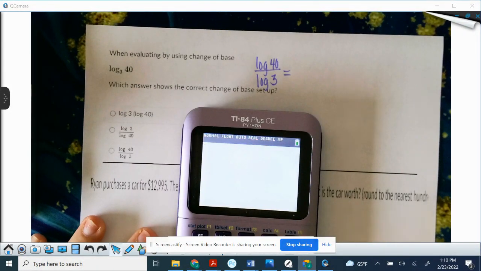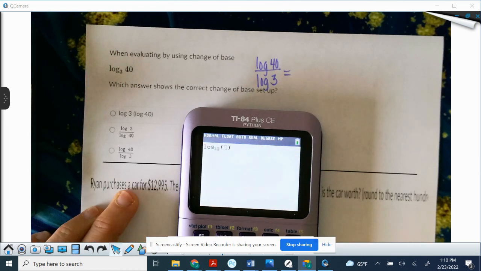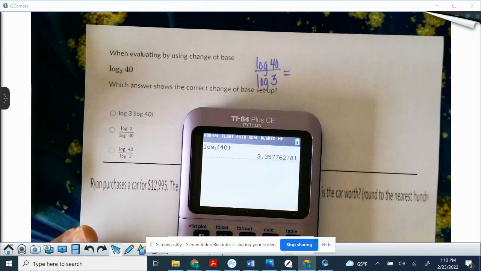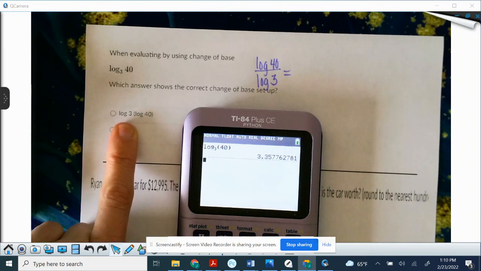If you solve this, log base 3 of 40 is 3.36, or 3.357 and so on. You can test your answers here.